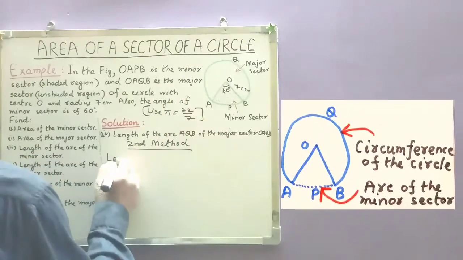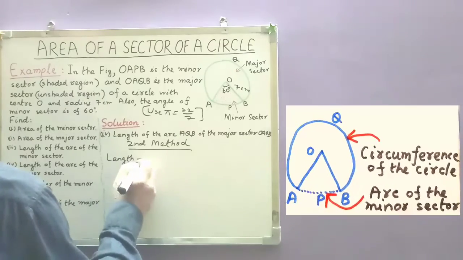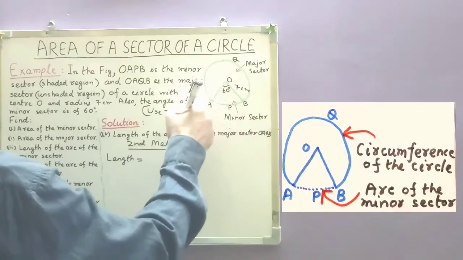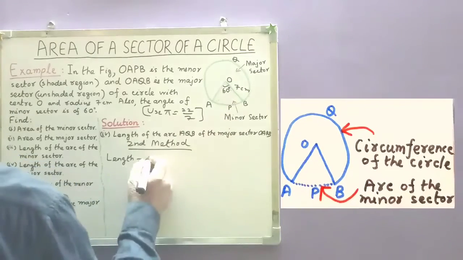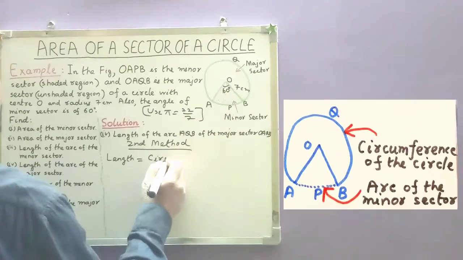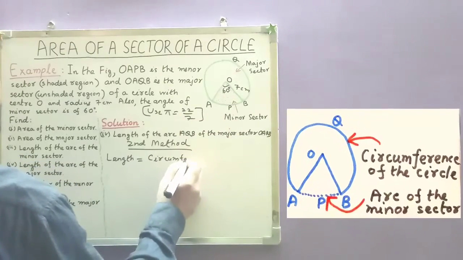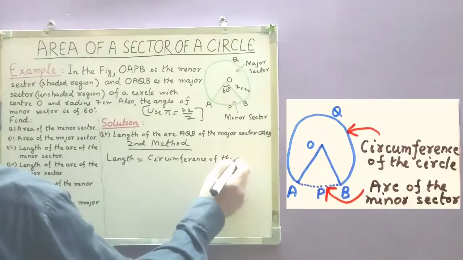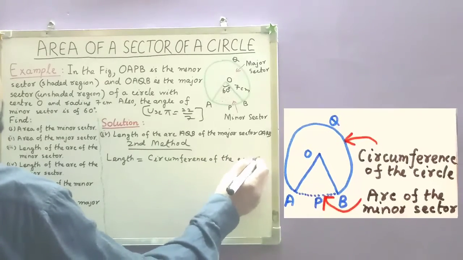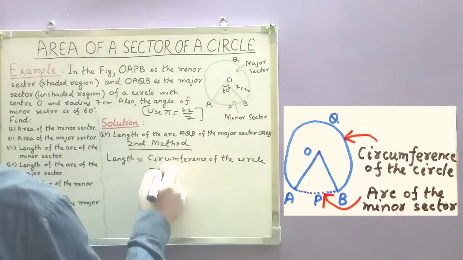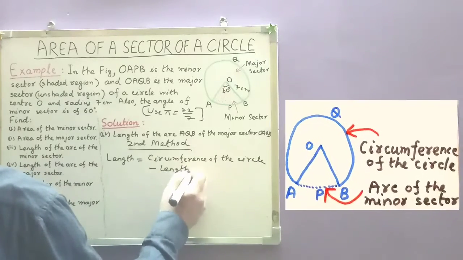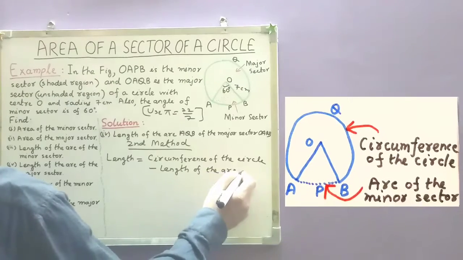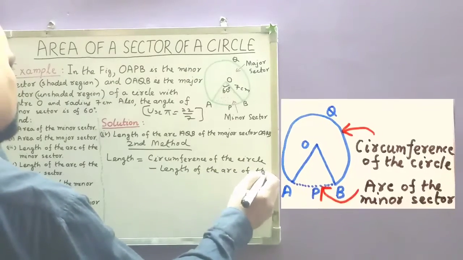Now second method to solve this part of the question. Length of the arc of the major sector equals circumference of the circle minus length of the arc of the minor sector of the circle.